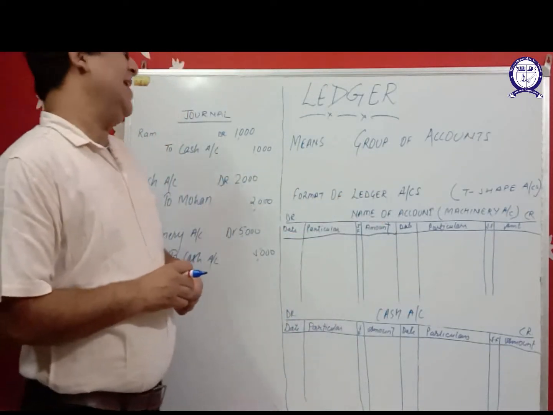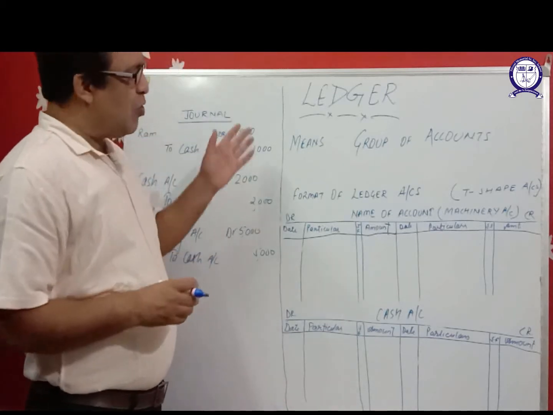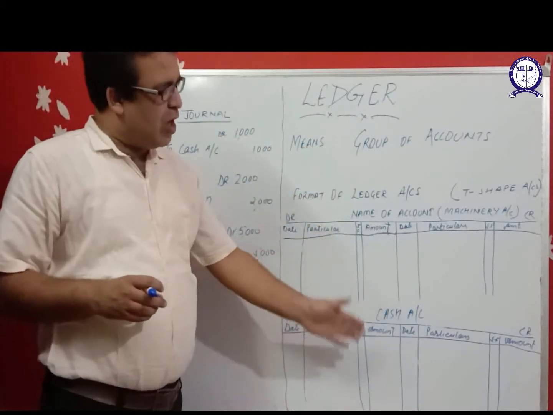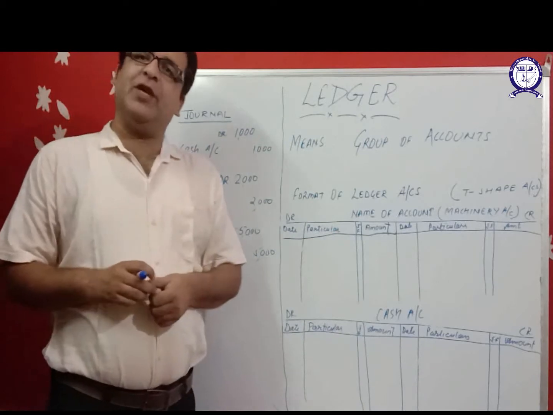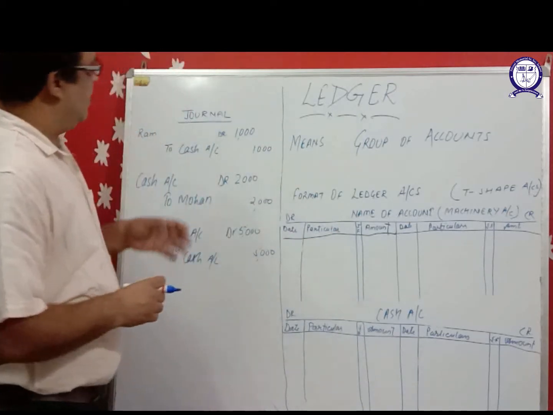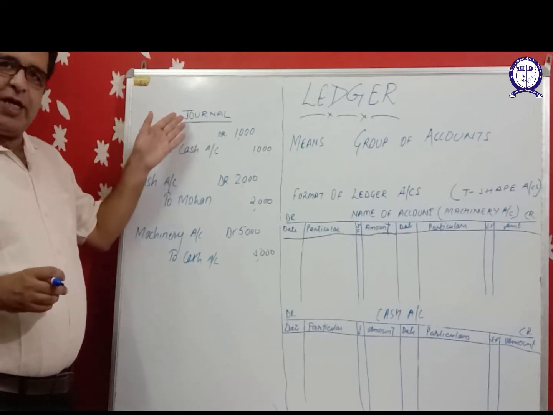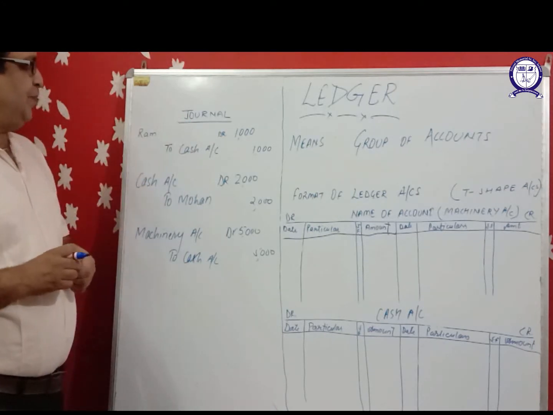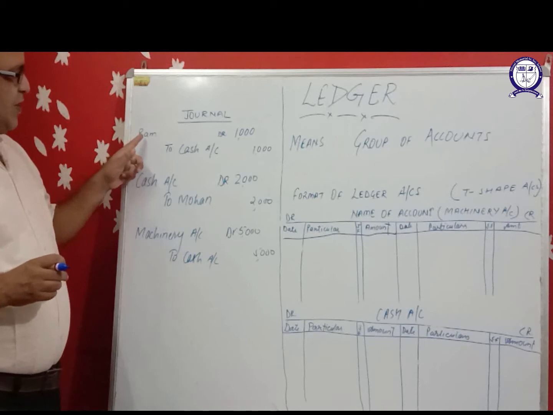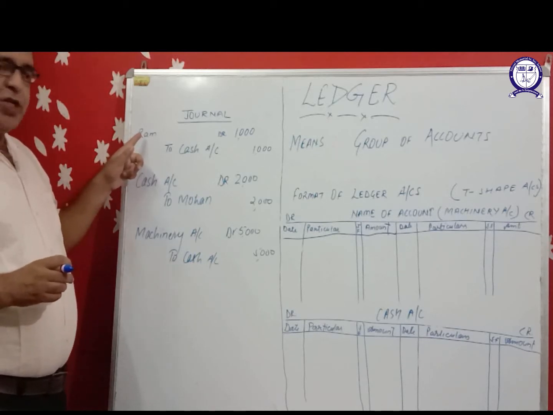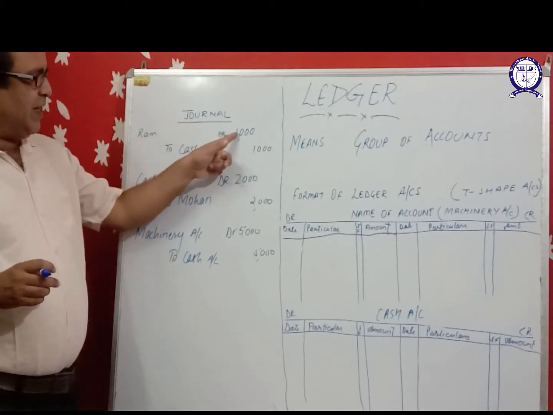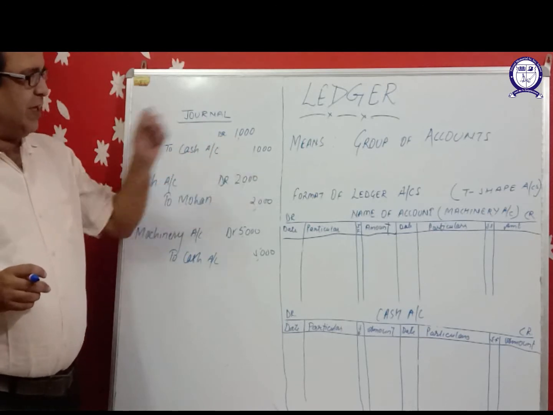Now let us understand how to post into accounts. What is posting first of all? We have already discussed journal in our previous chapter. You know, two accounts are affected in each transaction. One account is debited and another account is credited.